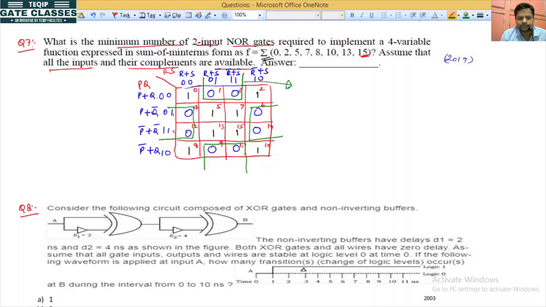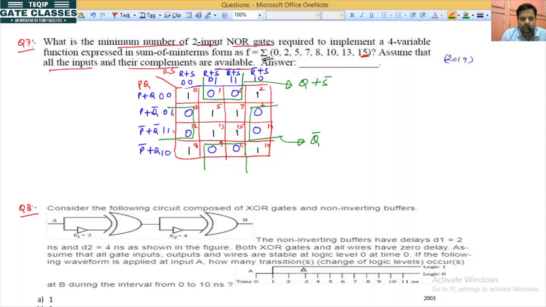From this side we have P plus Q here, P bar plus Q here. So what is common? Q is common. Now from above it is R plus S bar, R bar plus S bar. What is common? S bar is common, so it will be plus S bar. Now for the second quad, P plus Q bar is there, P bar plus Q bar is here, so Q bar is common.